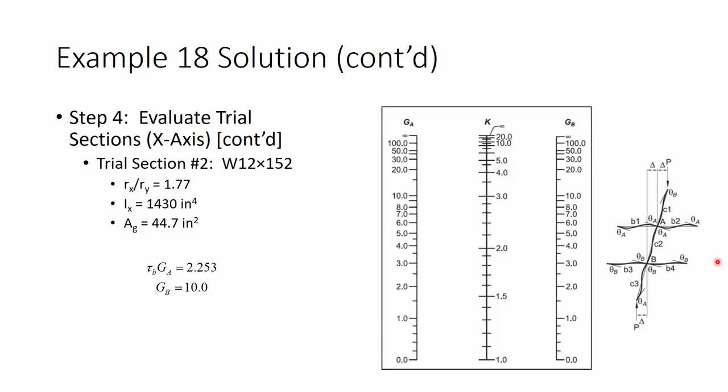It's still a pin support, so G B at the bottom is still 10. We take those two values, strike a line, and then interpolate to see what our K value is. K looks like it's a little bit larger than what we got last time. I think I called this at about 2.15. That's just me eyeballing it. Again, plus or minus a couple hundredths is fine, but based on what I found, that's about what I'm calling it there.